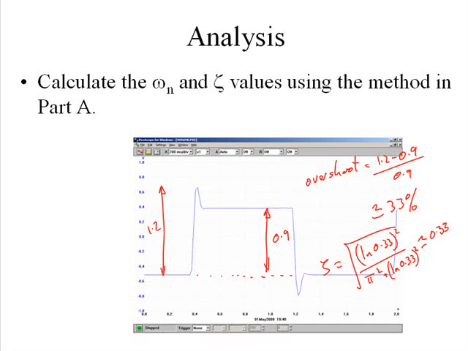To prove the point, let's do some analysis on our graph. If you start by measuring the overshoot, which I made 33%, put it into the formula that you had for part A of the SJ Servo assignment, and out comes a value for the damping constant of 0.33. That's pure coincidence, it's the same as the overshoot.